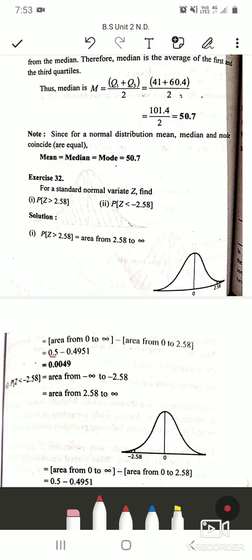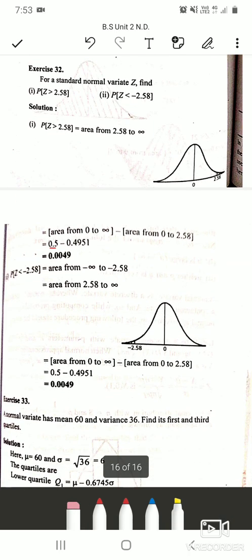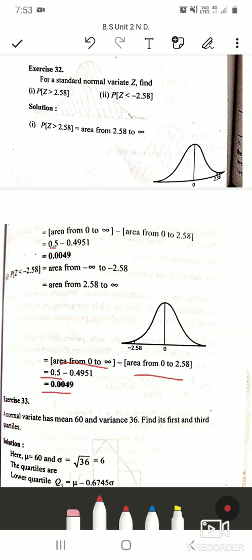So it is nothing but the area from 2.58 to infinity. Area from 0 to infinity is 0.5. In that, if you subtract the area from 0 to 2.58, we will get the answer, which is the same as the previous one, 0.0049, because this probability is equal to the probability of Z greater than 2.58.